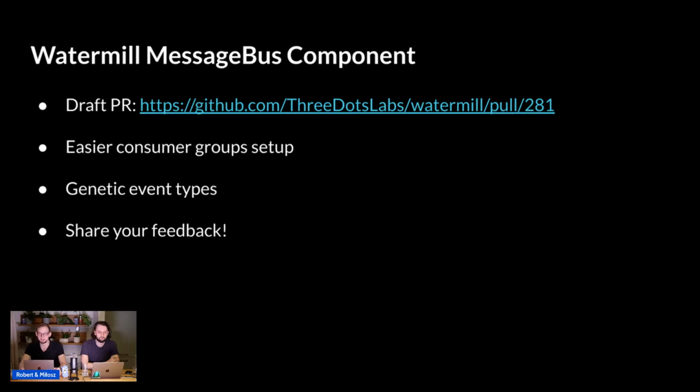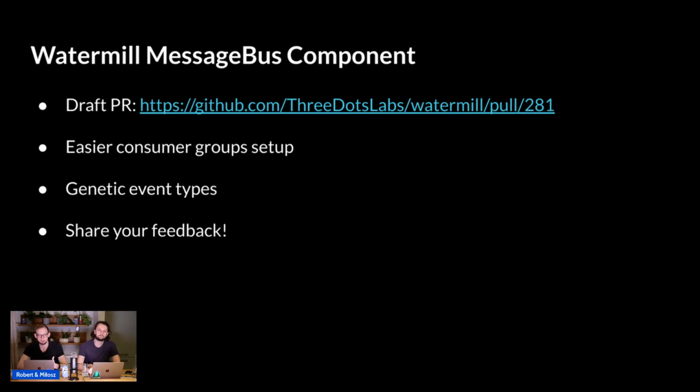And the idea is to have something similar to the CQRS component, but that would let you create consumer groups in a more straightforward way. Because the CQRS component works fine for us, but it's a bit complex and does a few things at once. So if you want to do just consumer groups, it could be easier probably.